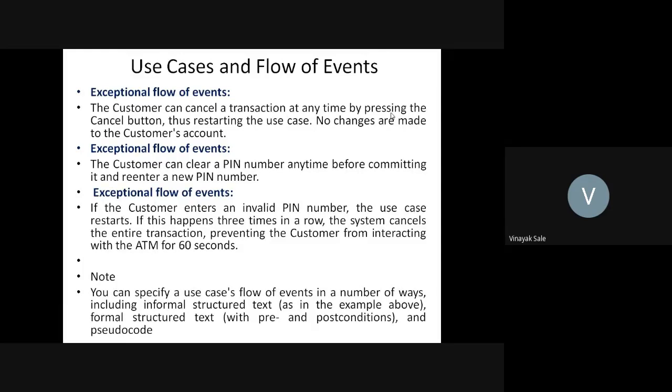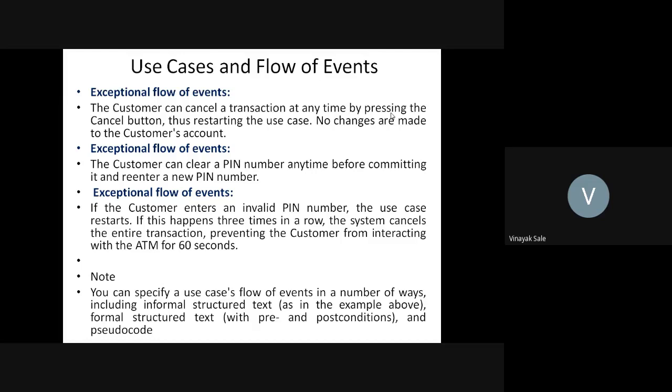Exceptional flow of events. The customer can cancel the transaction at any time by pressing the cancel button, thus restarting the use case. No changes are made to the customer's account. Exceptional flow of events. The customer can clear the PIN number anytime before committing it and re-enter a new PIN.